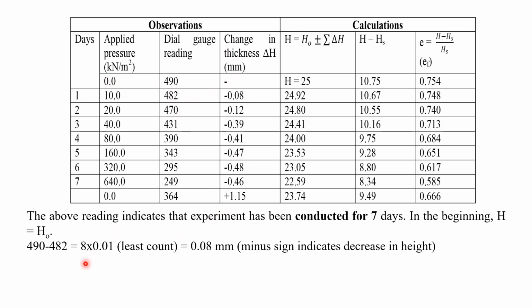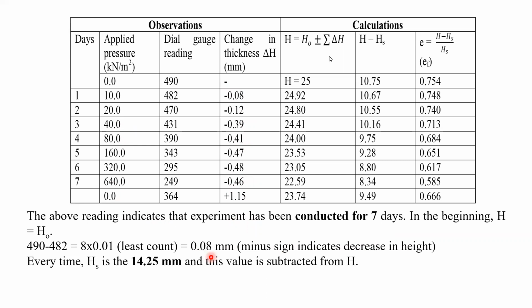This minus this is equal to 8, and the least count is 0.01, so we can write 0.08 mm. The minus sign indicates the decrease in height due to the application of load on the hanger. Next, Hs we have already calculated in the previous slide, which is equal to 14.25 millimeter.